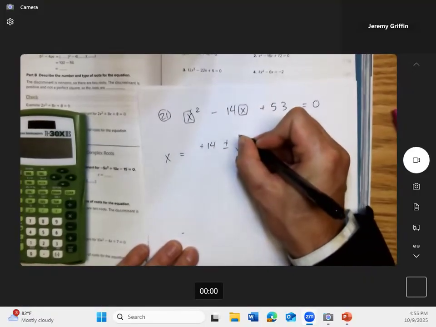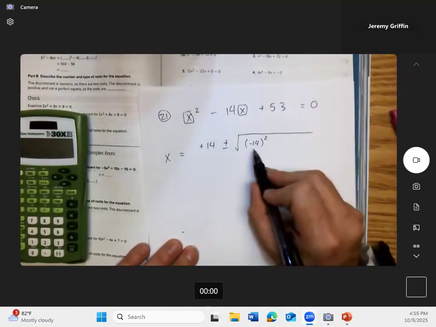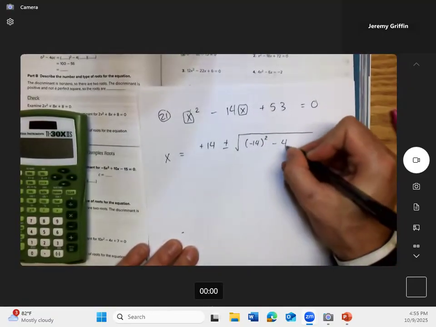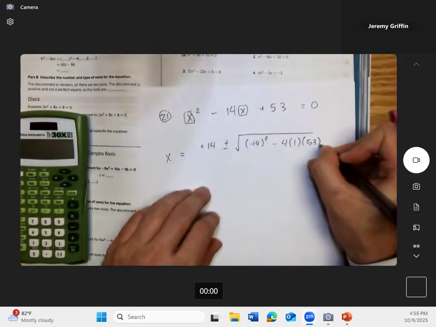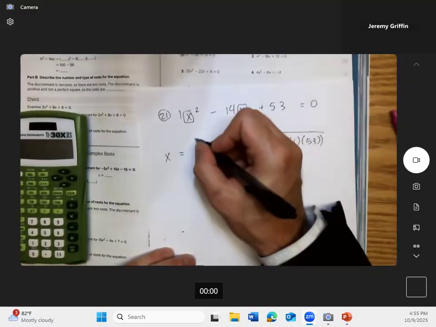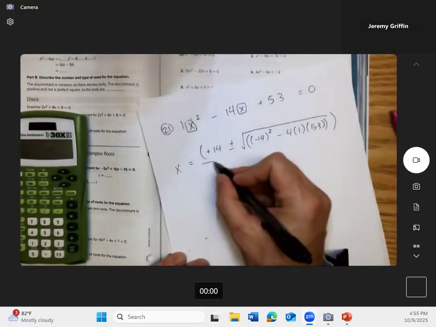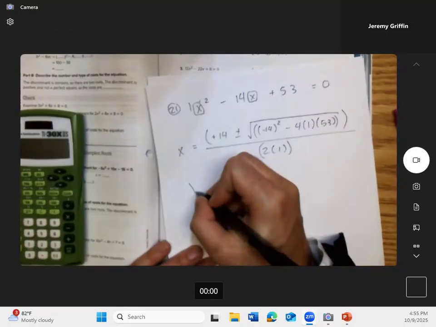Say plus or minus the square root of b squared. So the negative here goes away anyway, whatever. Minus 4, a is 1, c is 53. All right, a is 1. So that's all in the radical. This is all in the numerator. This is all divided by 2a.